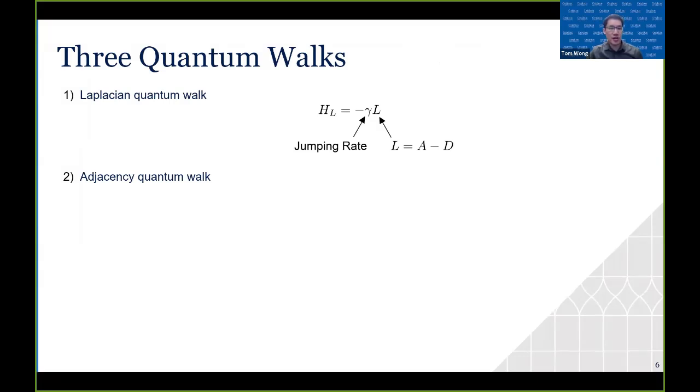The other type of quantum walk that is also very common is the adjacency quantum walk, and this is just minus gamma, the jumping rate, times the adjacency matrix alone. So we're dropping that diagonal degree matrix. These two types of quantum walks appear in tons of investigations, tons of papers. Many people in this audience have done research on these types of quantum walks.